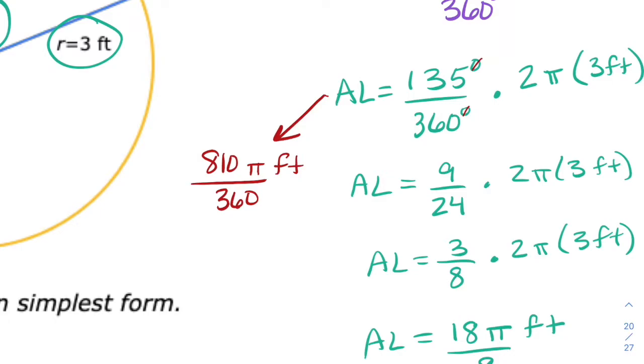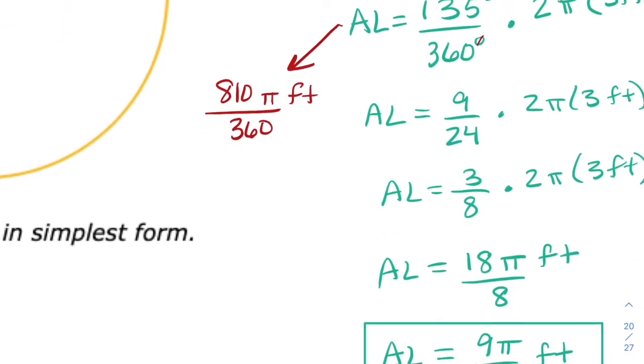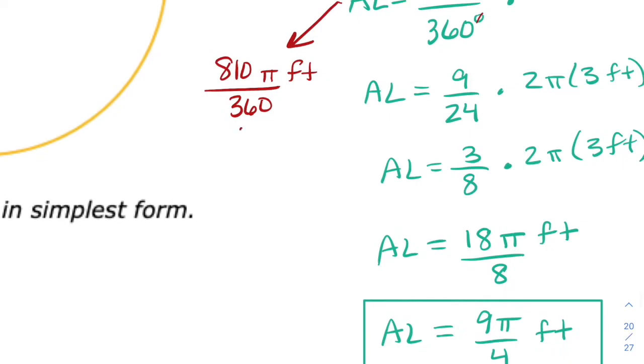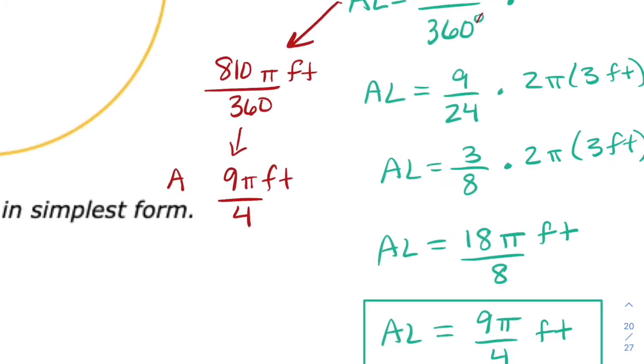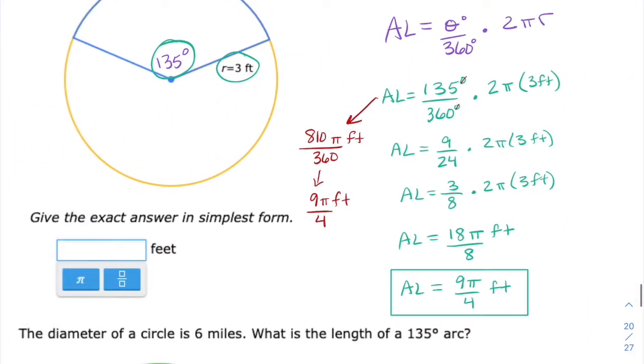And it looks like they both will have 90. So 810 divided by 90 is 9, so 9 pi feet. And then 360 divided by 90 is 4. So this one was quick. I mean, these are two different ways to do it. Sometimes they'll be quicker. Some will be quicker than others. Okay, so that was just two separate strategies.